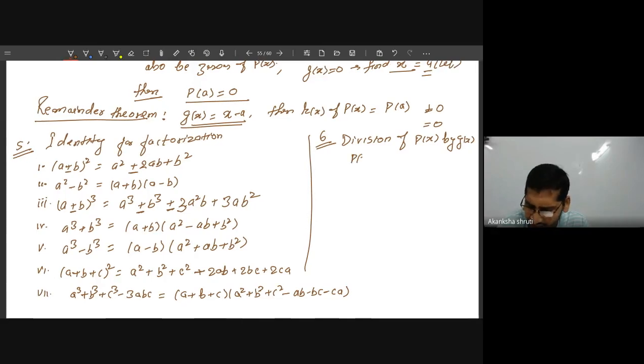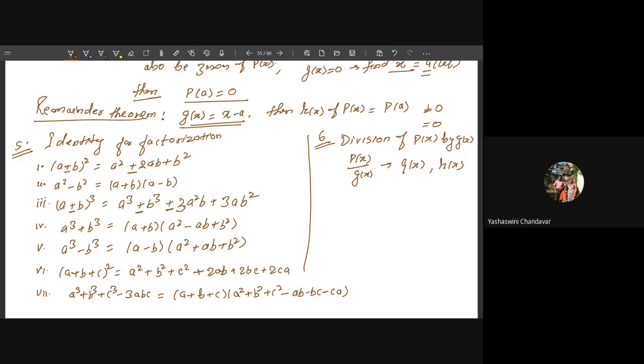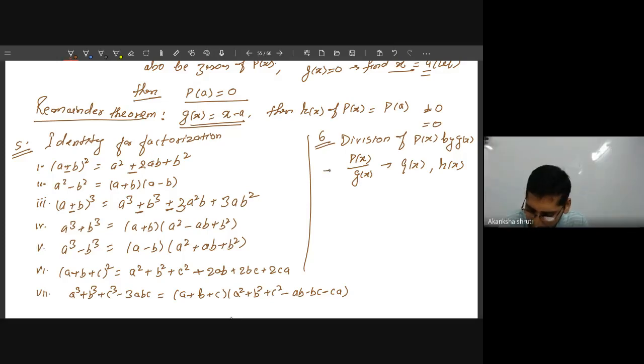When p(x) is divided by g(x), we get the quotient q(x) and remainder r(x), and this division is possible only if the degree of p(x) is greater than the degree of g(x). The division algorithm is that the dividend p(x) equals the divisor g(x) multiplied by the quotient q(x) plus r(x).